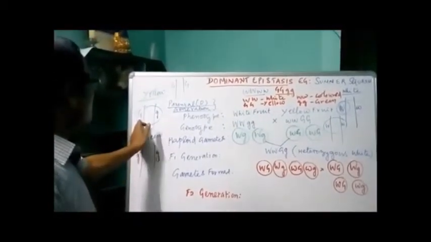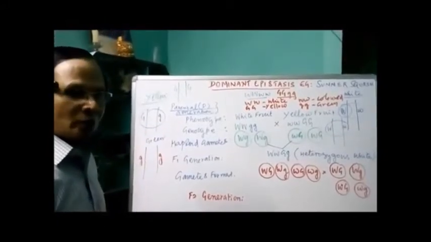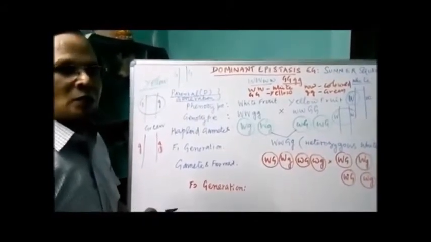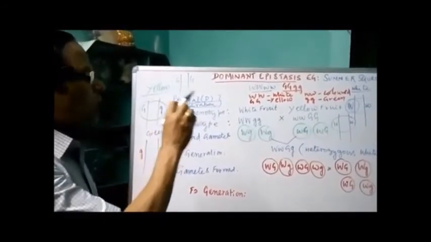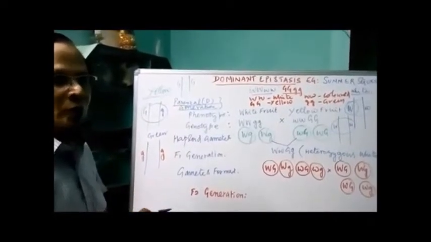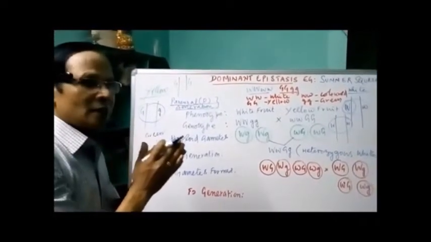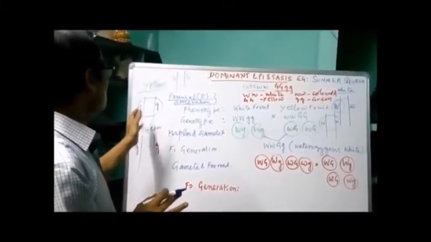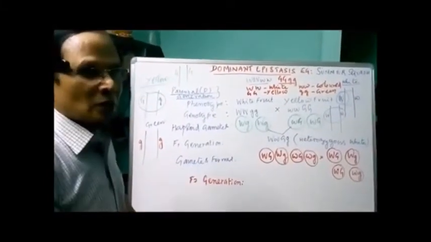Both capital G and small g, the dominant and recessive alleles, are hypostatic genes because their expression is suppressed by the dominant gene W. So a non-allelic gene, capital W, suppresses the effect of another gene present in another locus.